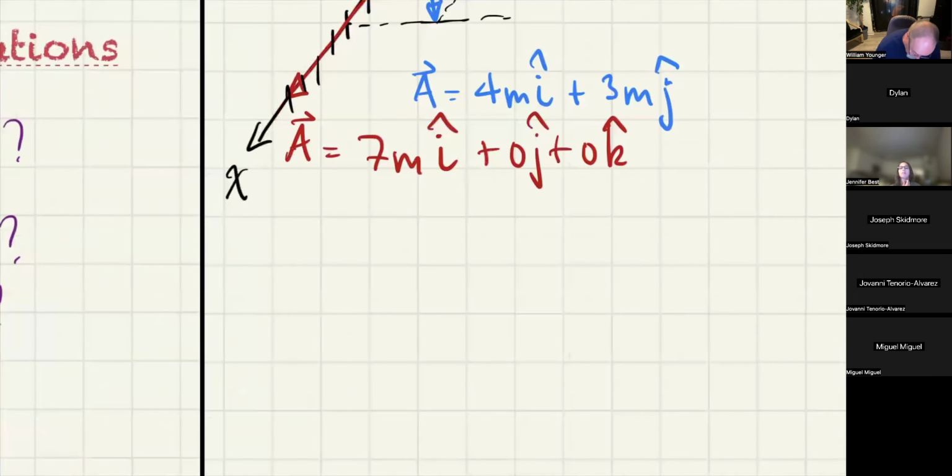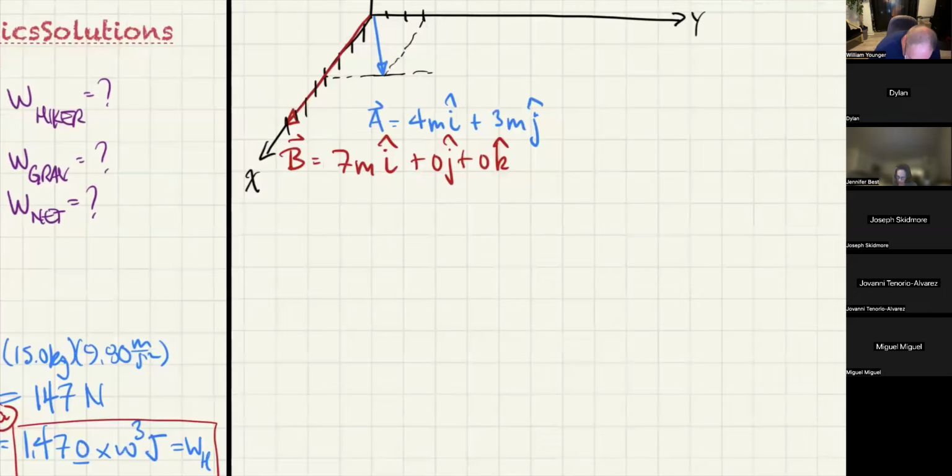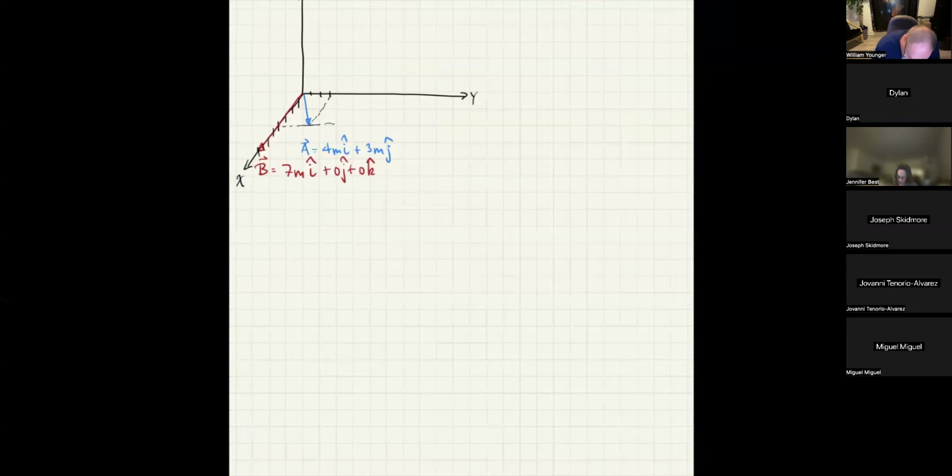And of course, the A vector, oops, I called that A already. Let's call this one B. I could also call this plus 0 k hat just to keep things straight.